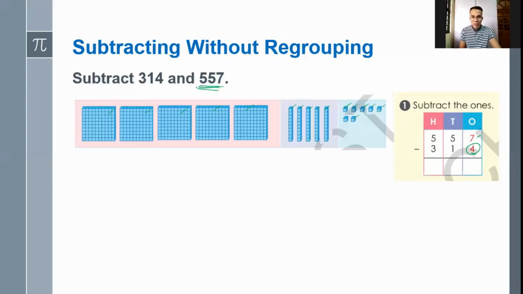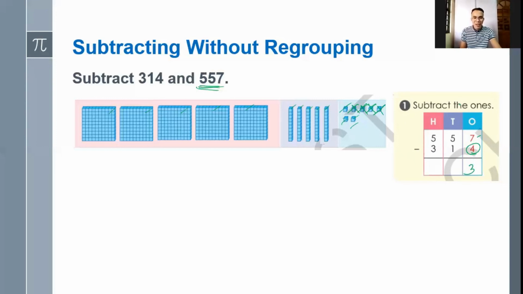You have here 1, 2, 3, 4. After crossing out 4 ones, you are going to count the number of the remaining ones. And there are 1, 2, 3 remaining ones. So 7 ones minus 4 ones is 3 ones.